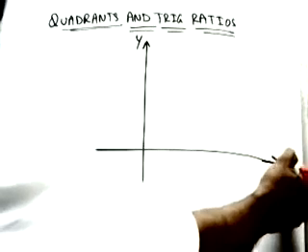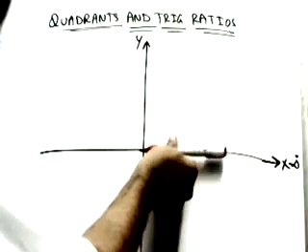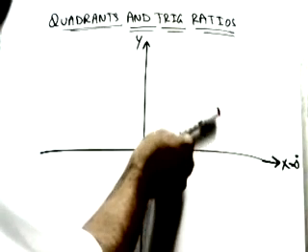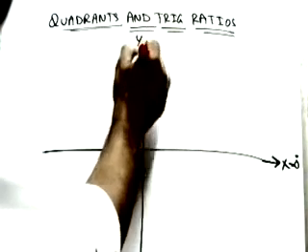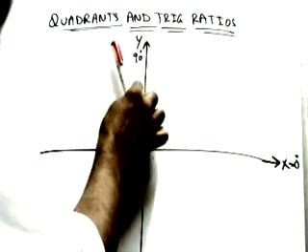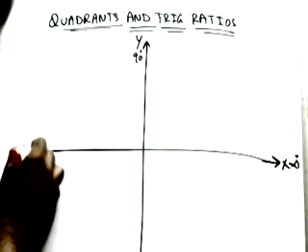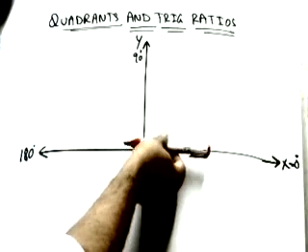See, the x-axis is taken as 0 degrees. If you go like this, the angle increases: 10 degrees, 20 degrees, 30, and up to here it is 90 degrees. Again it increases: 100, 110, 120. Here it is 180 degrees.